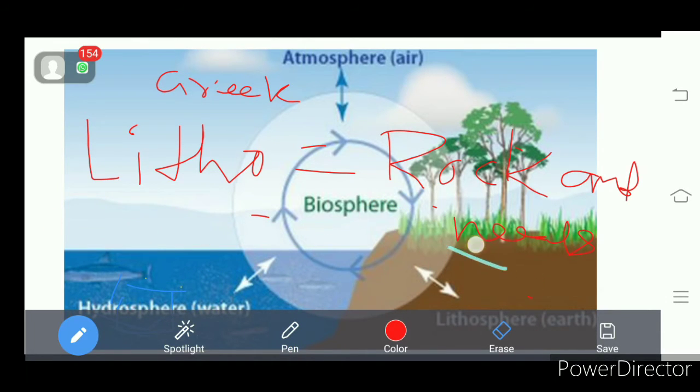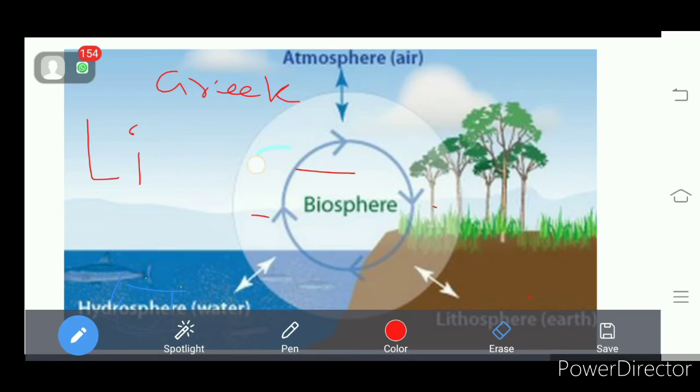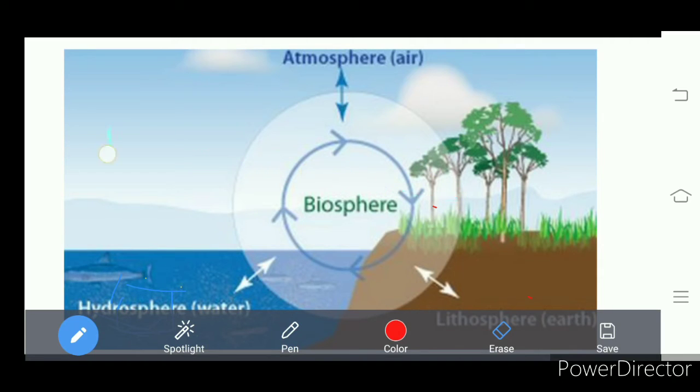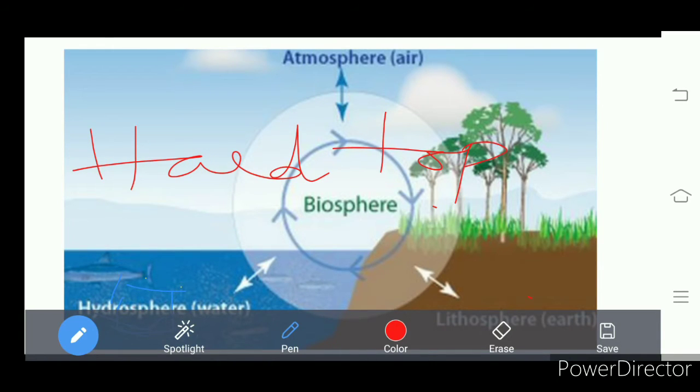Simply, where we are living, where we have our houses, our shelters, that is lithosphere. In other words, it is the top solid part of the earth's surface. Hard top of the earth's surface.